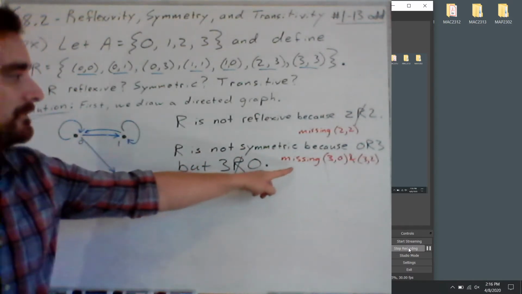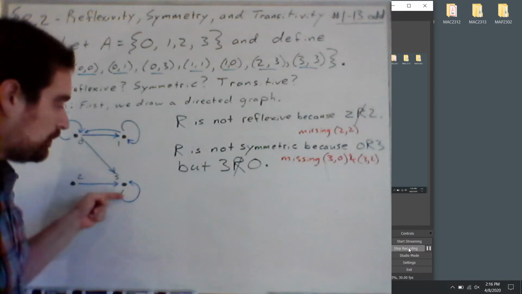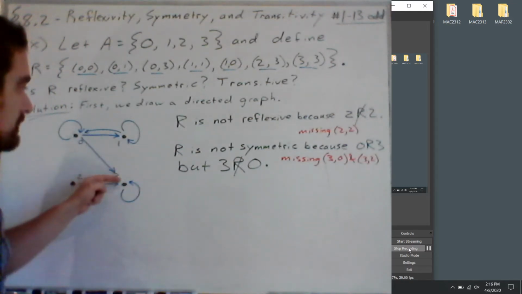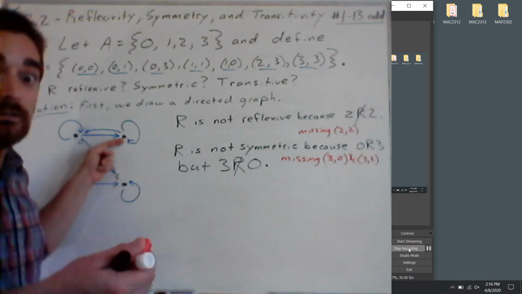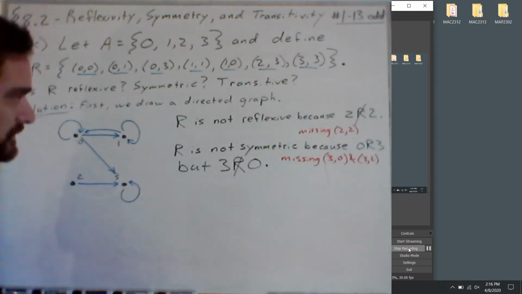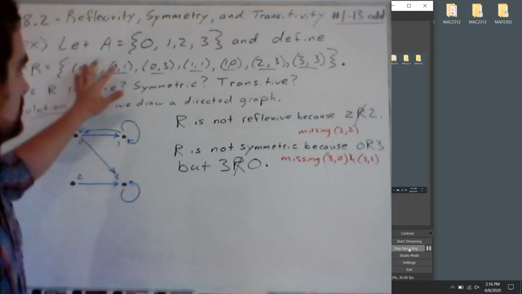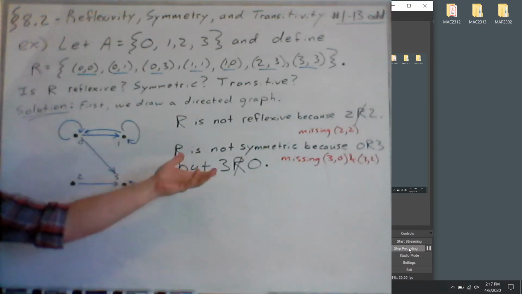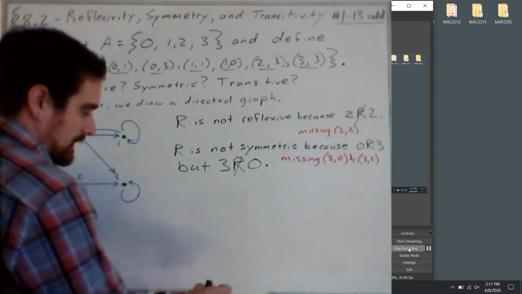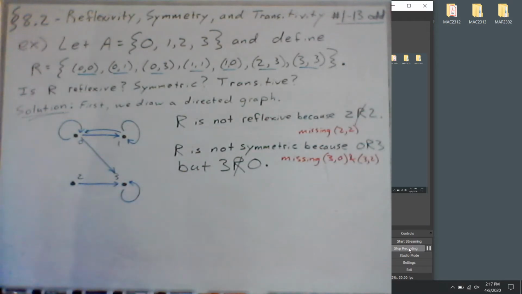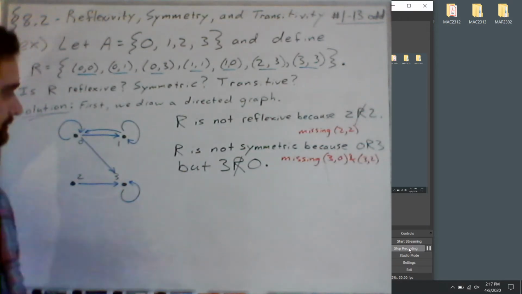But we don't care about 3, 1 because there is no 1, 3. 1 does not relate to 3. So we don't want to create 3 relating to 1 because then we would be missing 1 related to 3 as well. Right? So we just want to make sure that based on the relation, the way it's defined, how do we fix it? Well, that's how we would have to fix it. Right? I say fix it. We're not fixing anything. We're just saying yes or no to these.